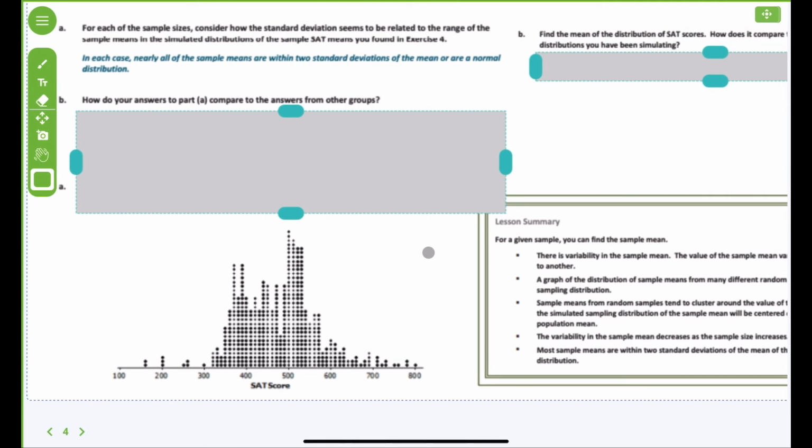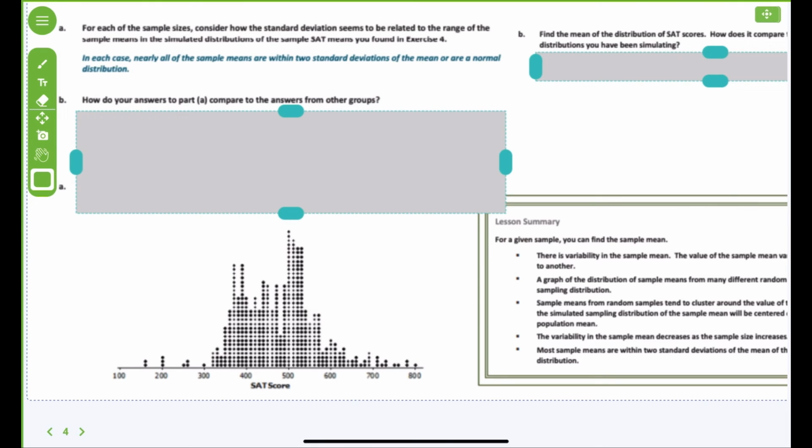All right. This says, for each of the sample sizes, consider how the standard deviation seems to be related to the range of the sample mean in the simulated distribution of the sample SAT mean. In each case, nearly all of the sample means are within 2 standard deviations of the mean, as in a normal distribution.